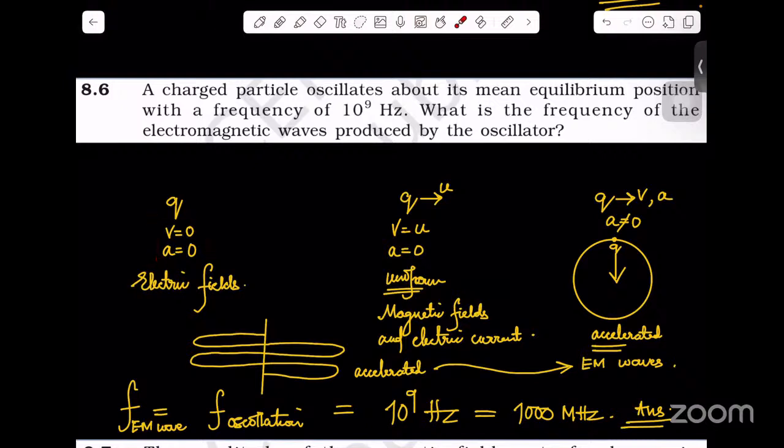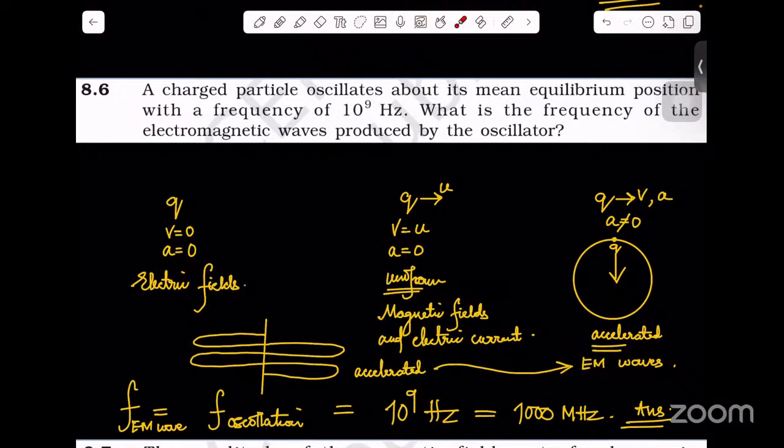Either it is at rest, or it is moving at a uniform velocity with zero acceleration, or it is moving with a non-uniform acceleration, an accelerated charged particle, under which circular motion also comes. In the first case, the charge only produces electric fields. In the second case, it produces electric current and a magnetic field. And in the third case, wherein it is an accelerated particle, it can produce electromagnetic waves, or radiate energy in the form of electromagnetic waves.